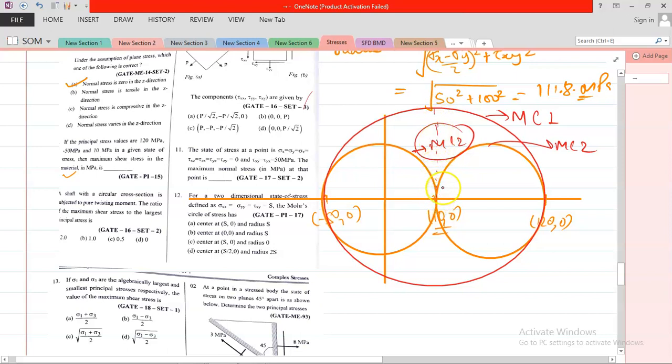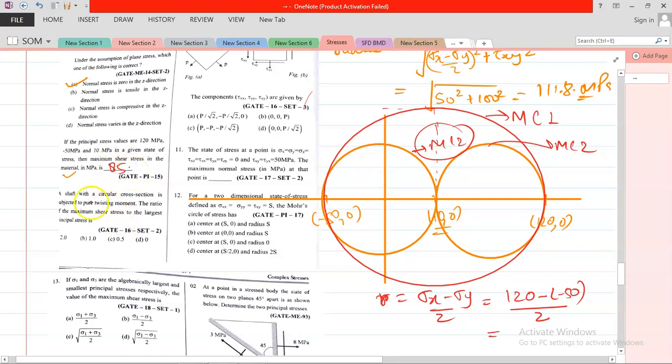Its value is max radius equal to sigma x minus sigma y by 2, that is 120 minus minus 50 divided by 2, so 170 divided by 2, which is 85. So this is question number 8, and the value is 85.